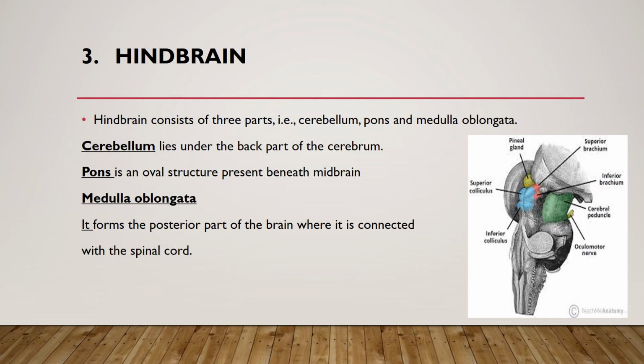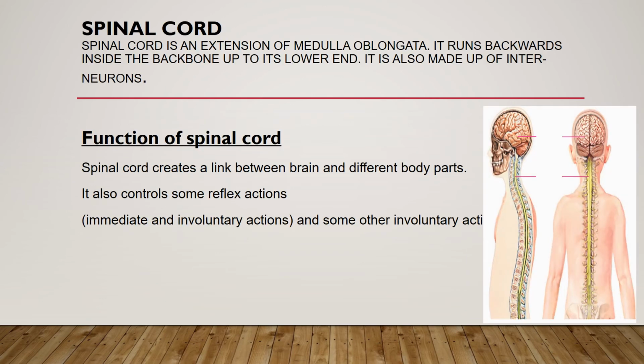The next is medulla oblongata, from the posterior part of the brain where it is connected with the spinal cord. Its function is that it controls the heartbeat, breathing, digestion, etc. Medulla oblongata keeps on working when the rest of the brain goes to sleep. The next is spinal cord. Spinal cord is the extension of the medulla oblongata.